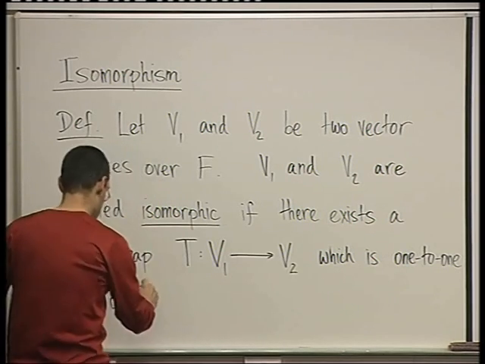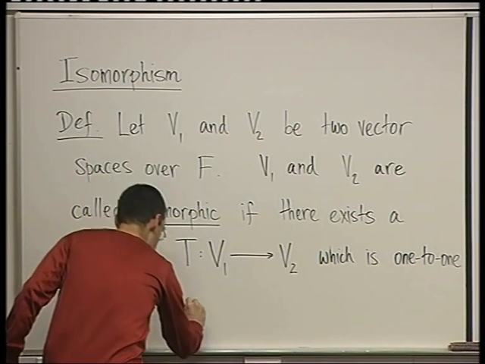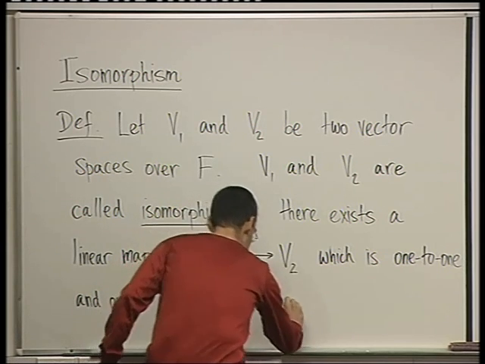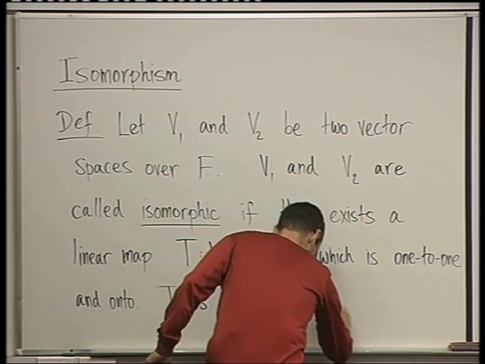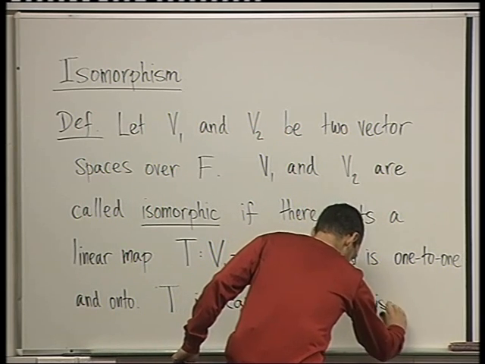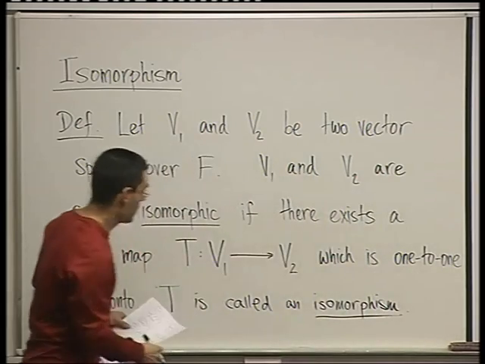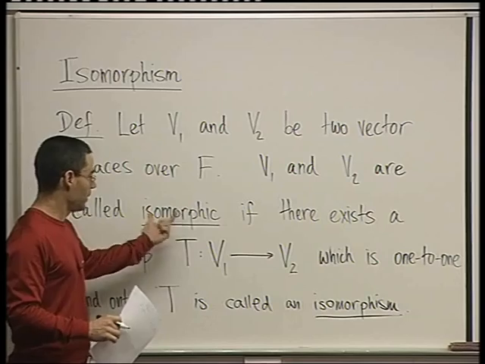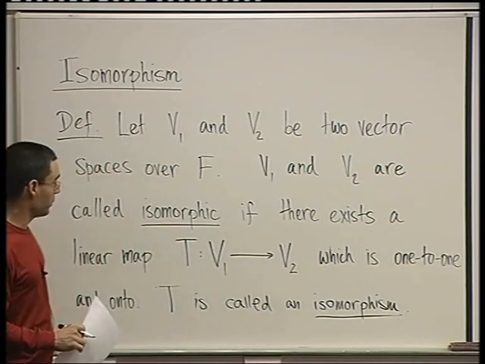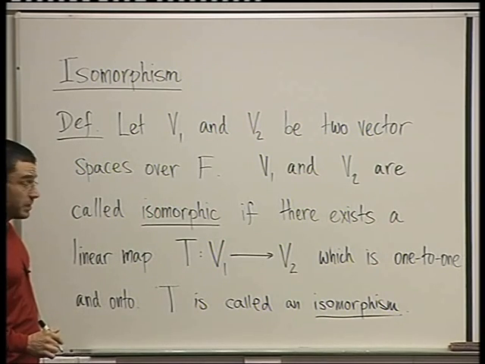And such a map T is called an isomorphism. So a map which implements the isomorphism is called an isomorphism, which gives the fact that they're isomorphic spaces.